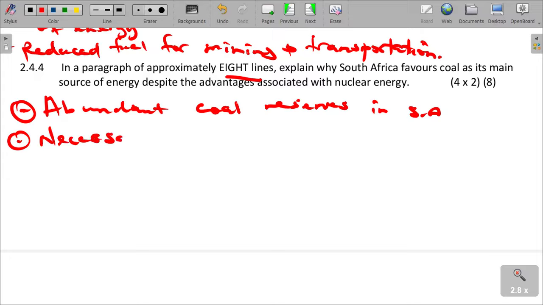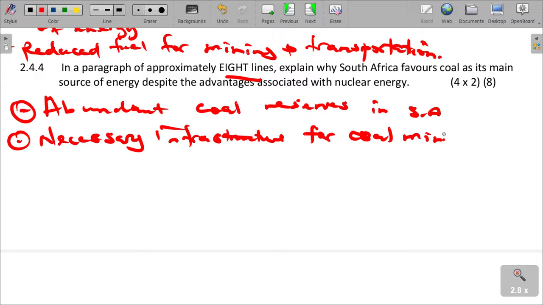Necessary infrastructure for coal mining, transportation, and power generation.